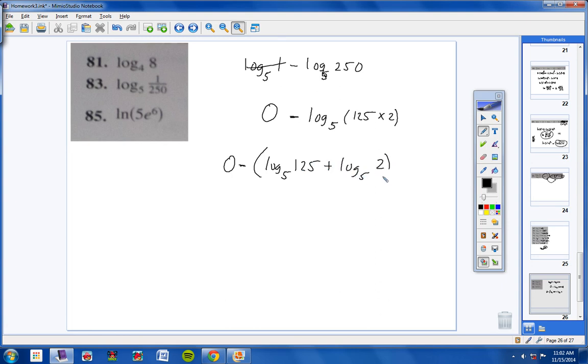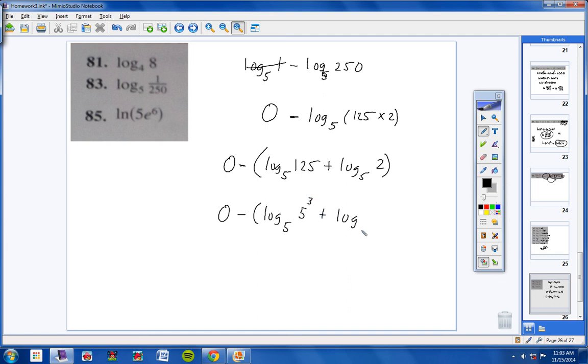Now here's why I chose 125. 125 is a power of 5. So for 125, I can put log base 5 of, now look what I put for 125, 5 to the 3rd power.